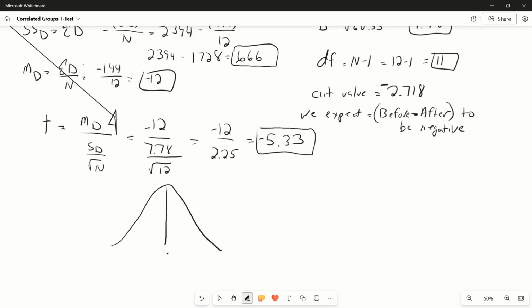Way out here, we have negative 2.718, but our obtained value is way out here in the tail, negative 5.33. So our obtained value is more extreme than our critical value, so we're going to reject the null.